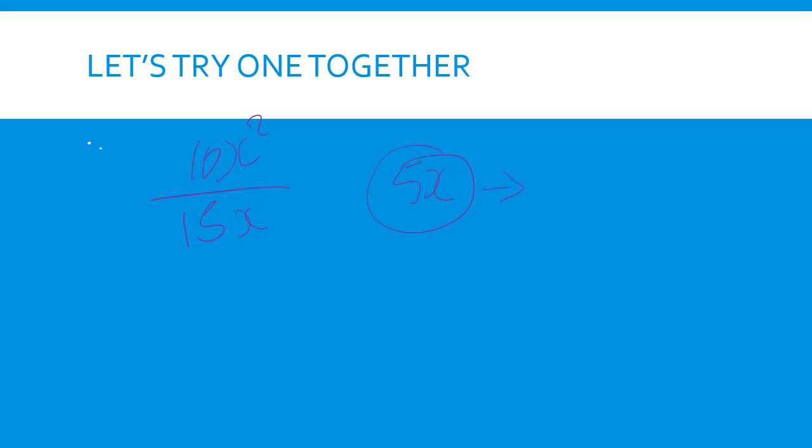So 5x would be our common factor. So you'll have 10x squared divided by 5x and 15x divided by 5x. 5 into 10 goes 2 times, and x squared divided by x is going to leave us with x over 5 into 15 goes 3 times, and our x cancels out.